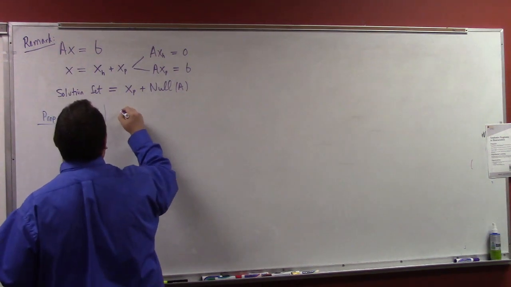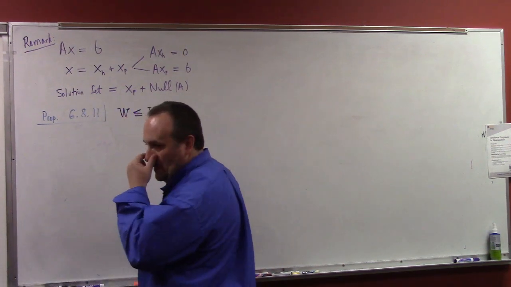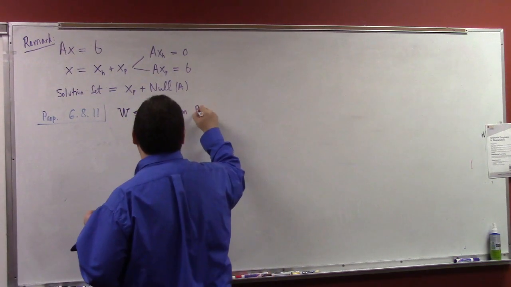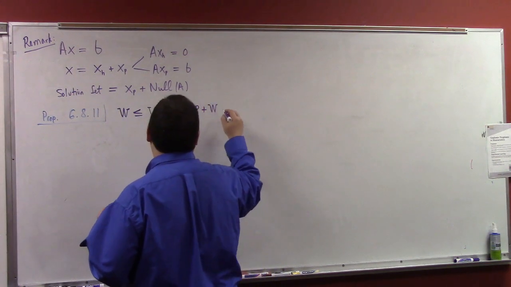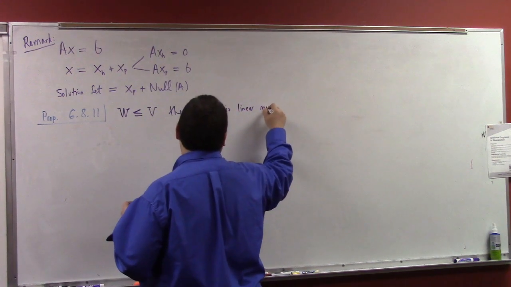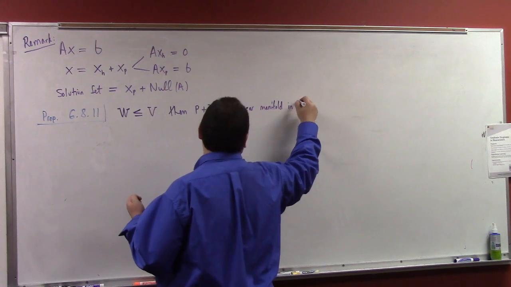So you've got W is a subspace of V, right? Then P plus W, right, is a linear manifold in V.